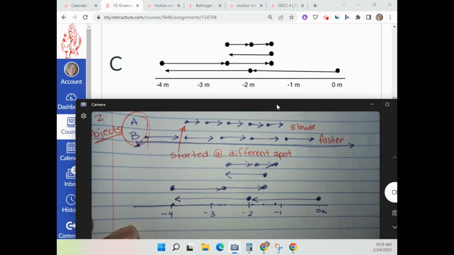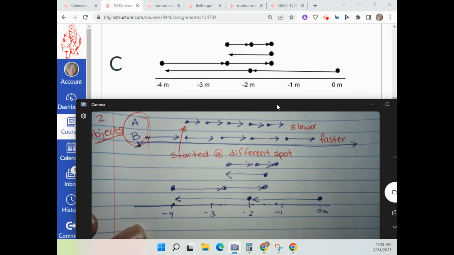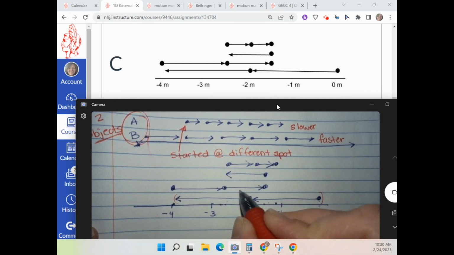So if we were looking at this, the object changed direction. Where was its fastest motion? What time frame was the fastest motion? Remember, the fastest motion is the longest arrows. So this is the fastest part.